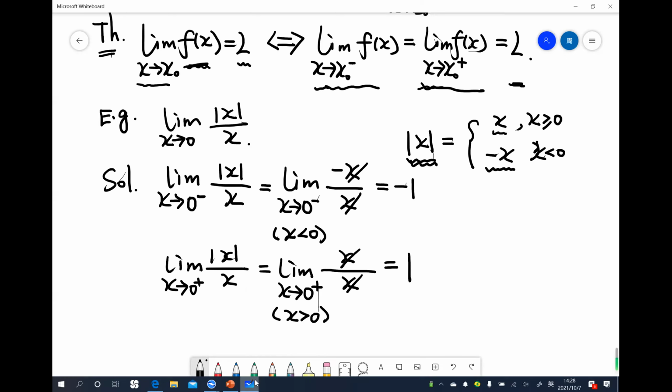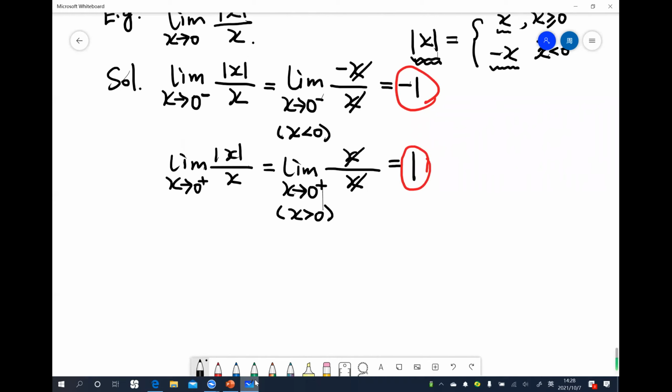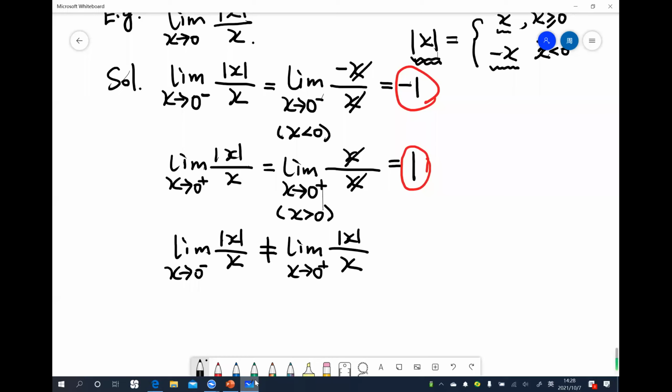So here we can see the left-hand limit is minus 1, and the right-hand limit is 1. That means the left-hand limit of this function does not equal the right-hand limit of this function.